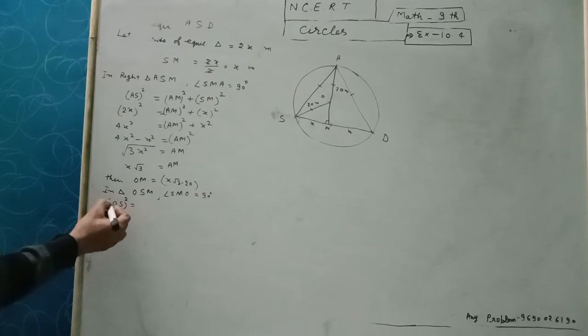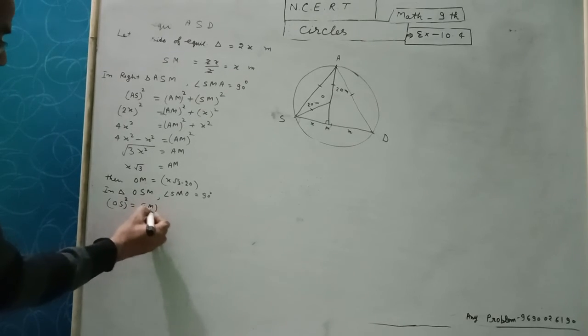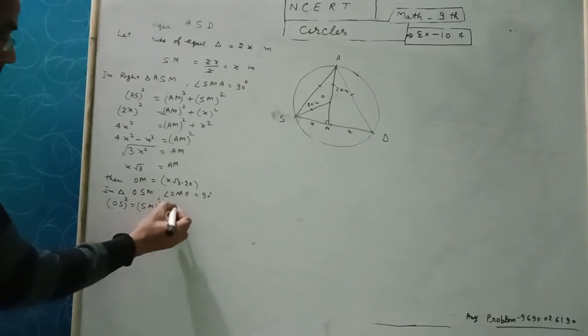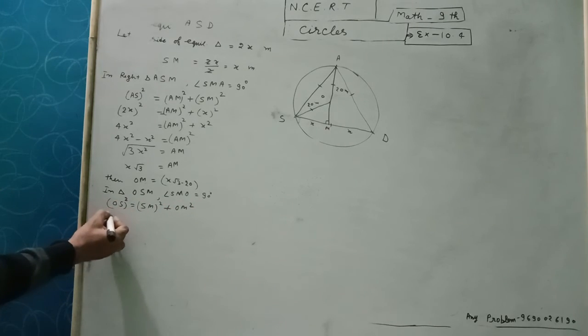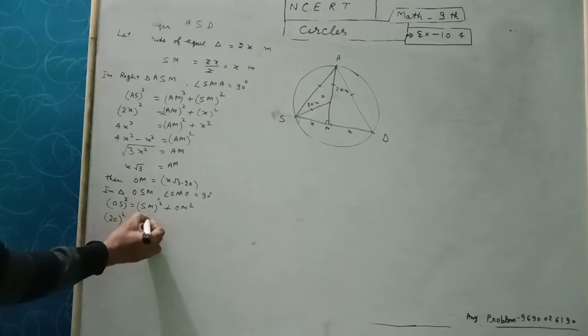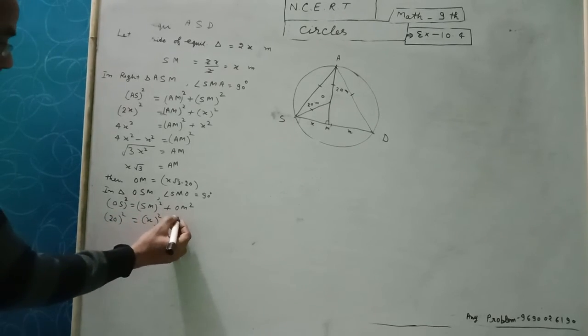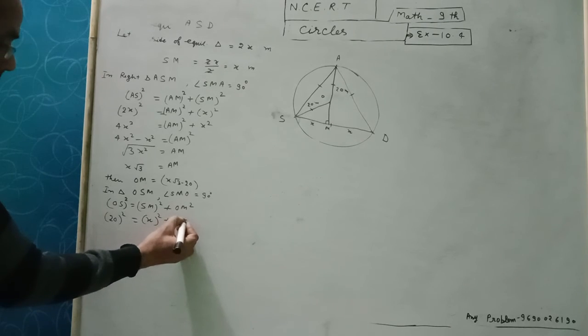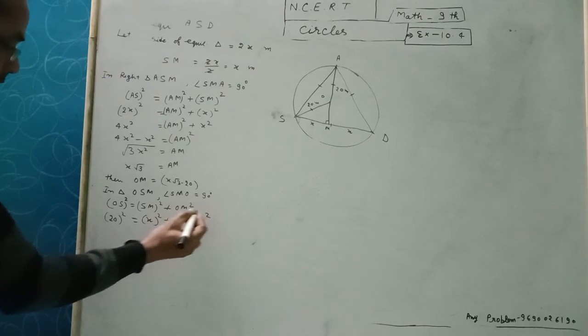SO square is equal to SM square plus OM square. OS value is 20. 20 square is equal to x square plus (x under root 3 minus 20) whole square.